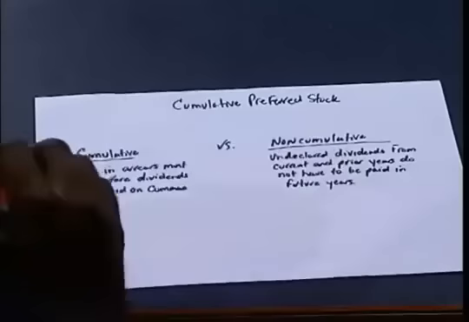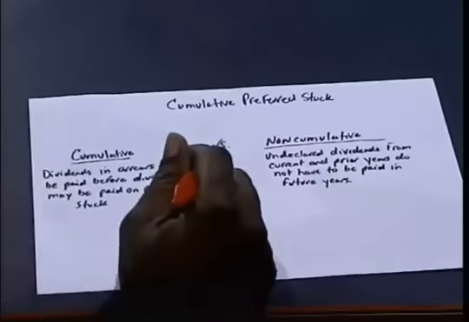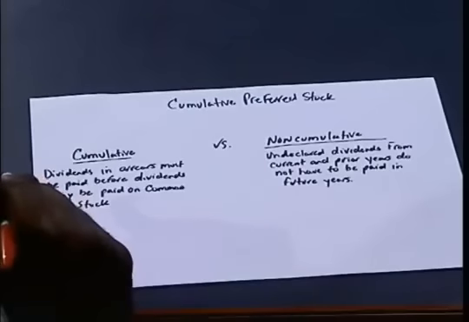If it's accumulative and the company declared dividends in the prior year and did not pay preferred, they must pay the back dividends and also the current dividends of that year before dividends are given to common stock. That's the difference between accumulative and non-accumulative. If it's non-accumulative, you're only concerned with the current year and not the prior year's dividends.